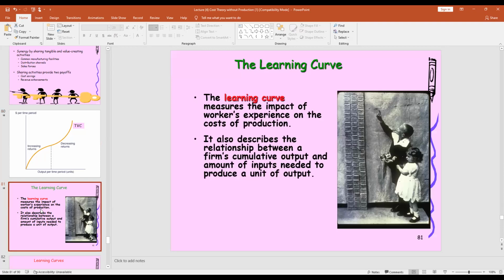When we look at the long run, we identify the economics learning curve. The learning curve measures the impact of workers' experience on the cost of production. That's very important. It also describes the relation between the firm's cumulative output and the amount of input needed to produce a unit of output.